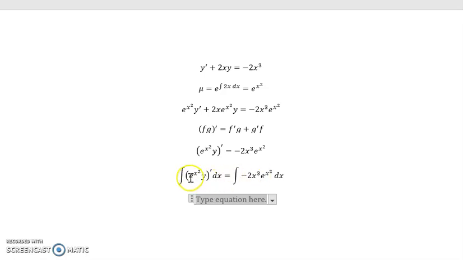And so on this side of the equation, we're just going to end up with the integral and the prime canceling. And then on this side of the equation, we're going to have to do integration by parts. So let's do that.